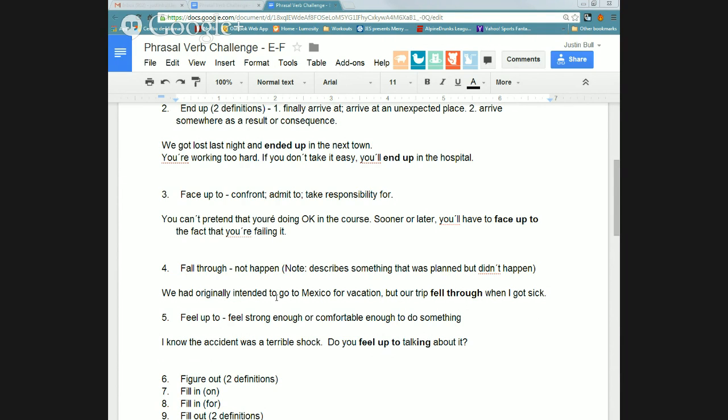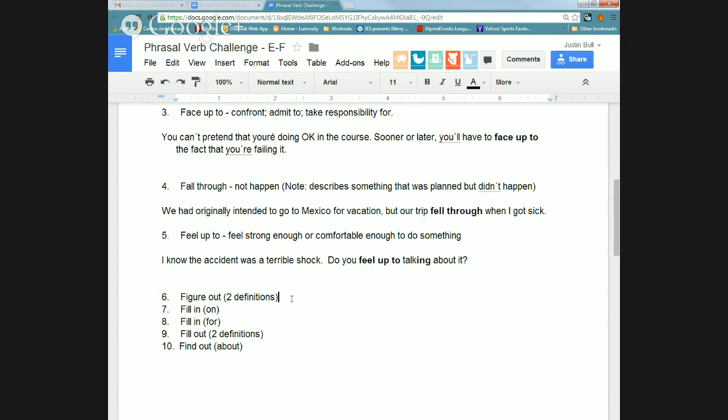All right, Hyde, it's your turn. Figure out. What do you think figure out means? Figure out, understand. All right, I like it. There's another one. I'm going to see if you can decide the difference with this one. So understand. Here's another one. For a long time, I couldn't figure out the last problem.